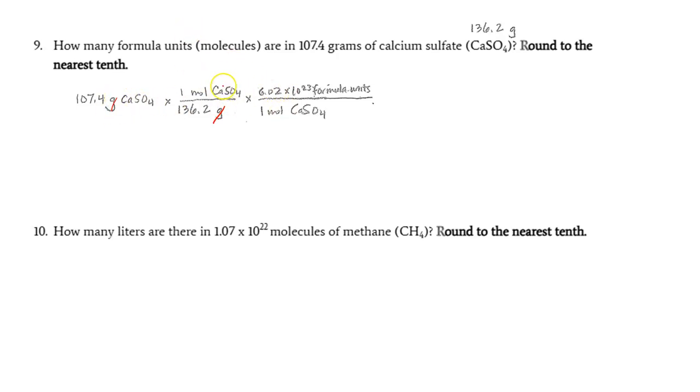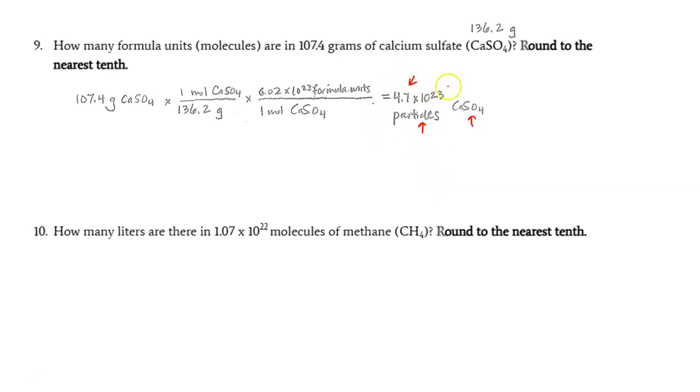And then here, I'm going to multiply by Avogadro's number, and that cancels out my moles. And when we start doing really multiple step complicated calculations, it's helpful to cancel units to make sure you did it correct. Okay, and so when I round my answer, I should get 4.7 times 10 to the 23rd particles of calcium sulfate.